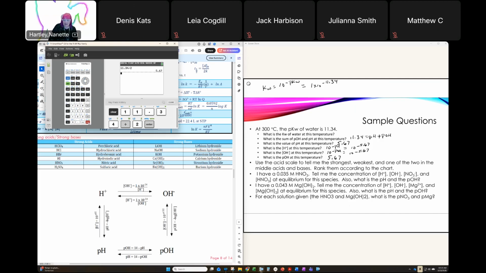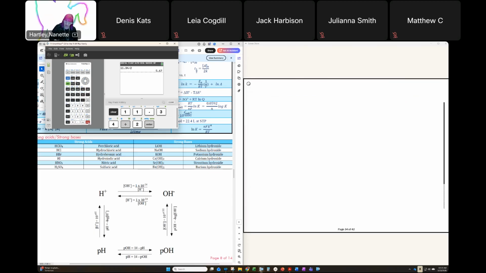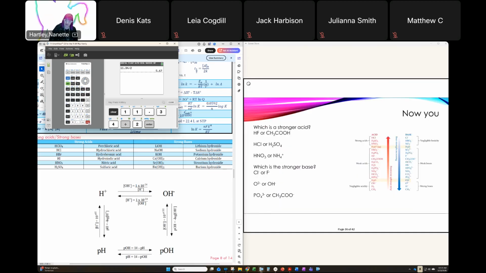Now, it says to use the acid scale to tell me the strongest, weakest, and two in the middle acids and bases, and rank them according to the chart. Okay, so I know that I have one of those charts in a couple slides. So I'm going to look at that. This is that chart that we were looking at here. And so the strongest acid that's listed here is HCl. So I have HCl at the top.